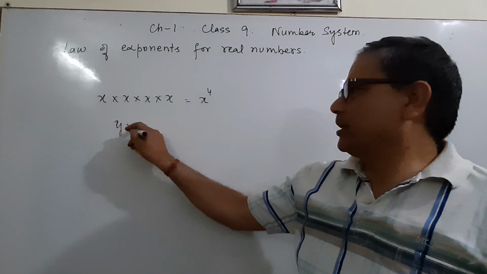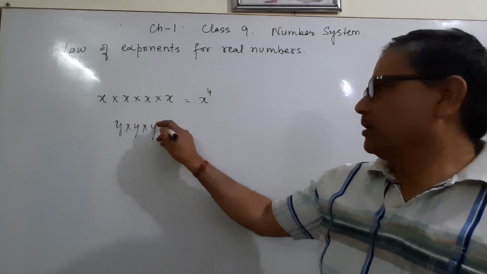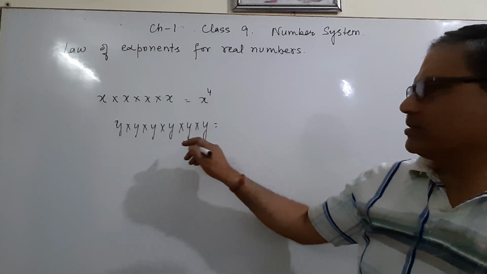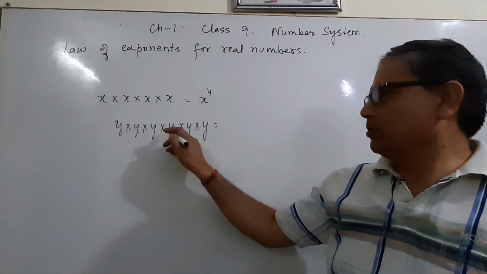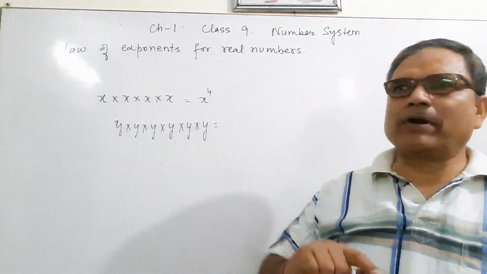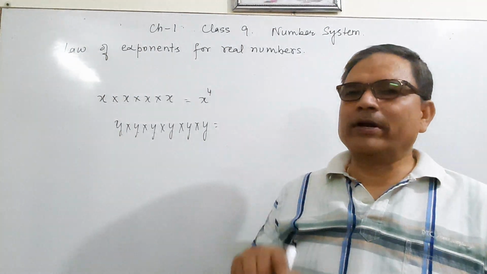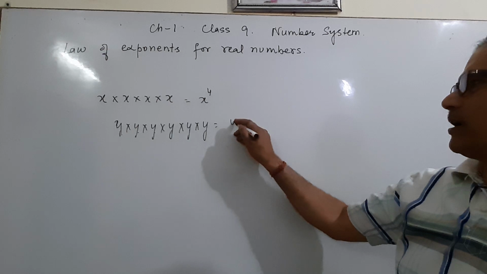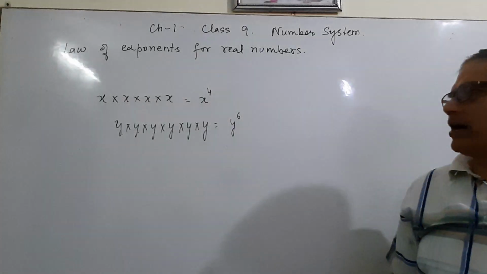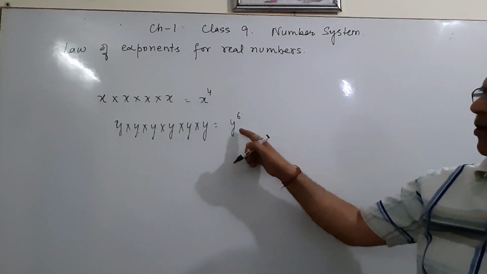Similarly, y multiply y multiply y multiply y multiply y multiply y means 1, 2, 3, 4, 5, 6. It means y is multiplied by itself how many times? 6 times. Then we will write y power 6. It's called 6 power of y.